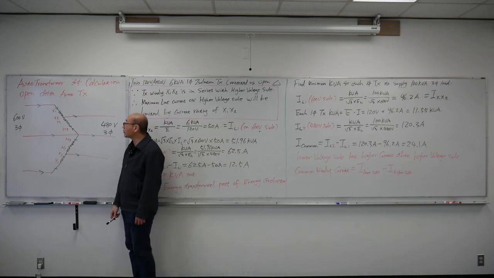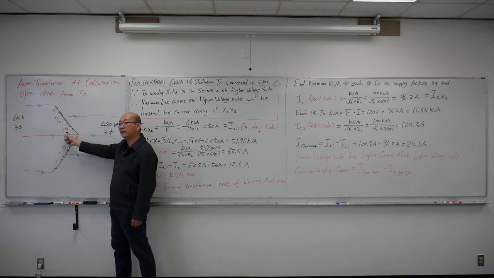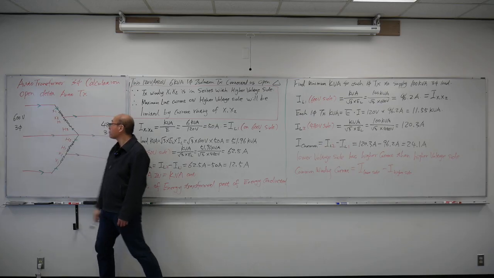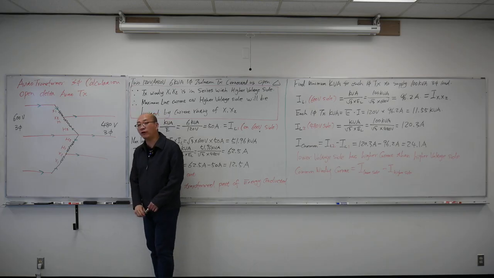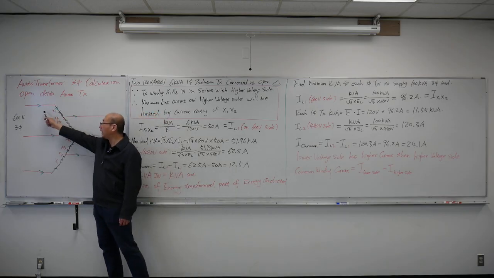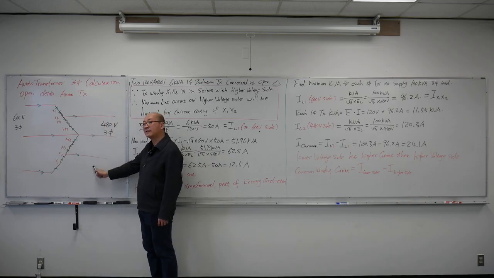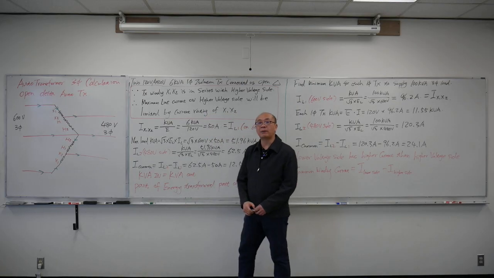So by this connection, when I connect X1, X2, H1, H2 together, I can get 600 volts on that side. On this side, I will only have 480 volts. It's a three-phase auto transformer, so I have three lines, line A, line B, line C, and here are my line A, line B, line C. So I will use them as a three-phase supply.